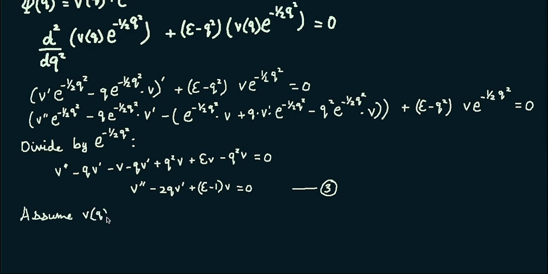Anyway, moving on, we will assume that our v of q can be written as a power series. So it can be written in the following form: the sum up to infinity, k equals 0, of a_k x to the power of k.